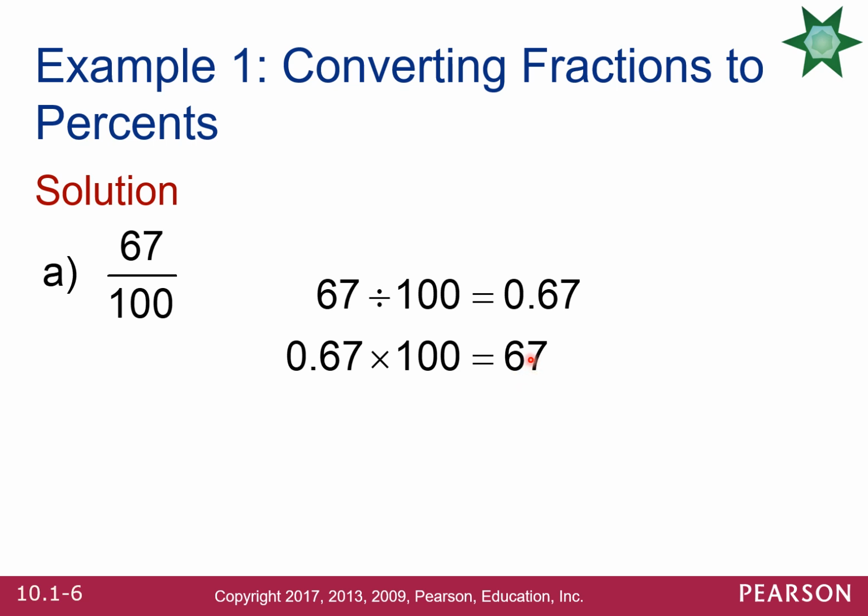So if you were to follow the step-by-step process that they gave us a couple of slides back, you can use that. But like I said, if your denominator is 100, then you do not need to do all this work. Just take your numerator and put a percentage symbol next to it.